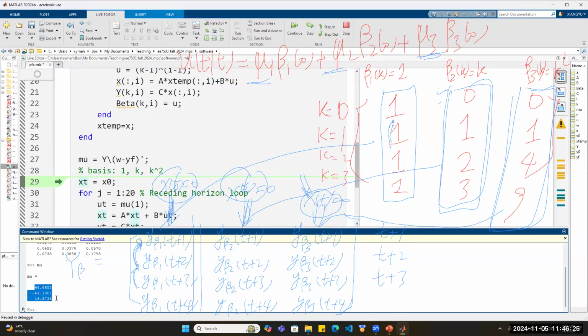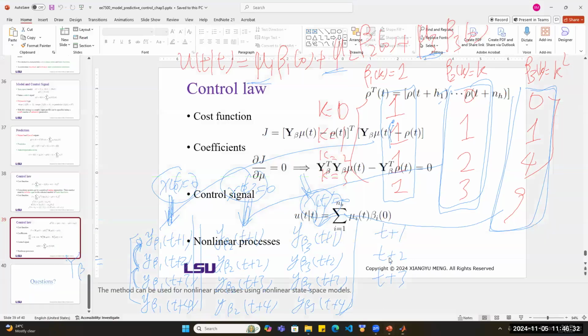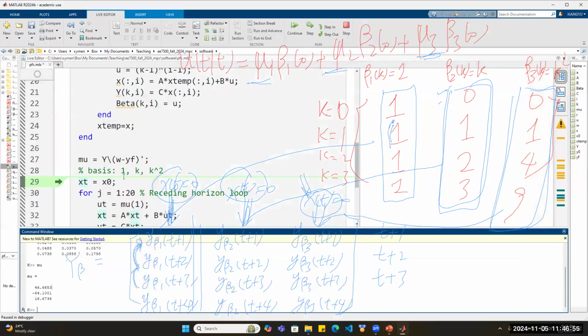You can see from the mu here, this is mu1, this is mu2, this is mu3. Because beta 2, 0 is 0 and beta 3, 0 is 0, we only use mu1. So we only apply the mu1.